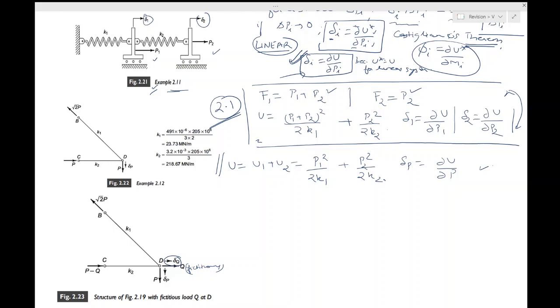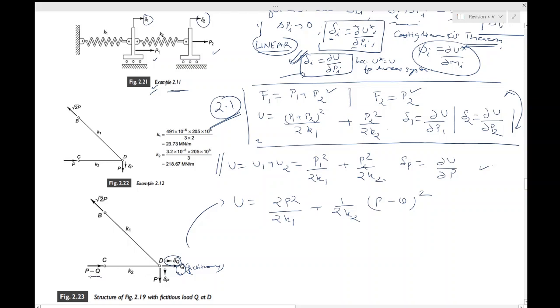So you write U is equal to 2P square by 2k1 plus, so you are trying to solve this system now after this fictitious force, and then you have 1 by 2k2 times (P minus Q) whole square. One of the other things is, every time you add a Q over here, you have to put a minus Q over here in this direction.